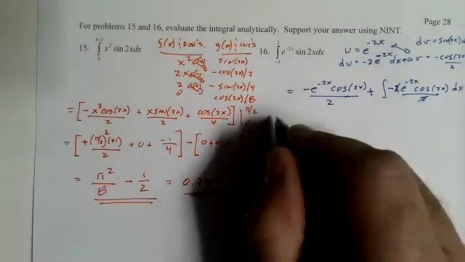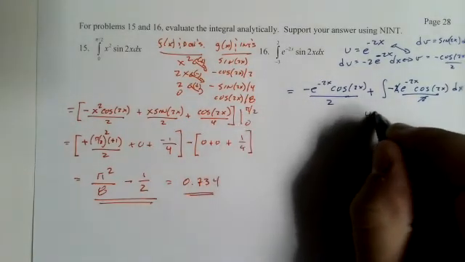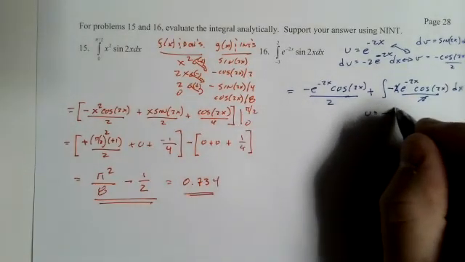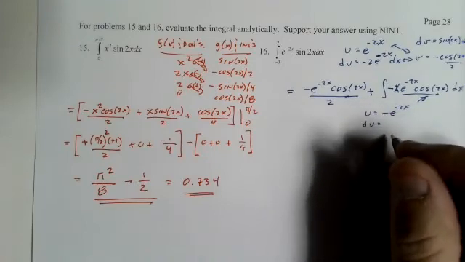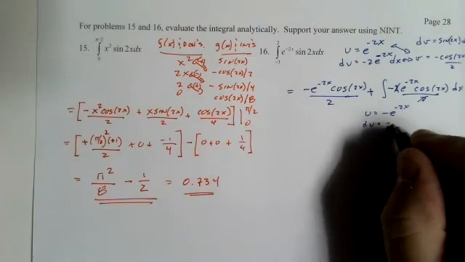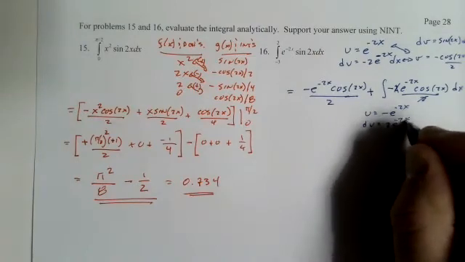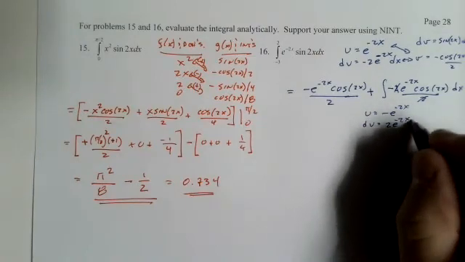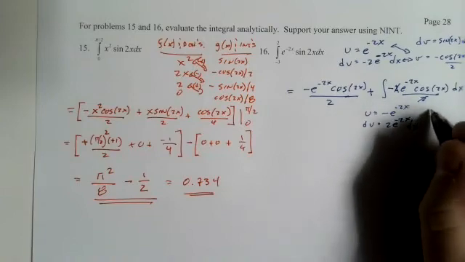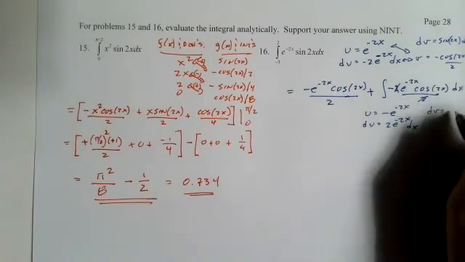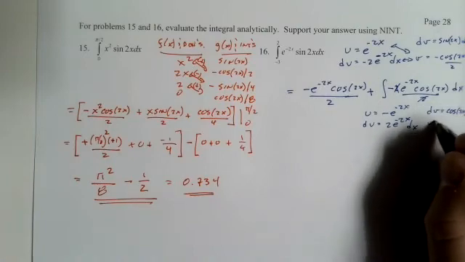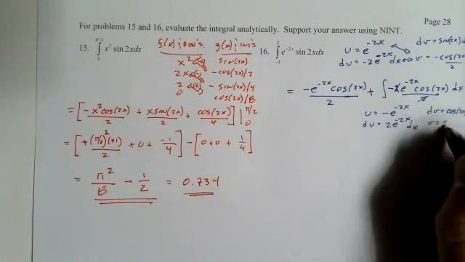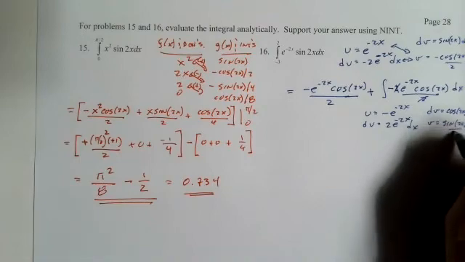Okay. u equals negative e to the -2x. du equals 2e to the -2x dx. dv equals cosine of 2x dx. v equals sine of 2x over 2.